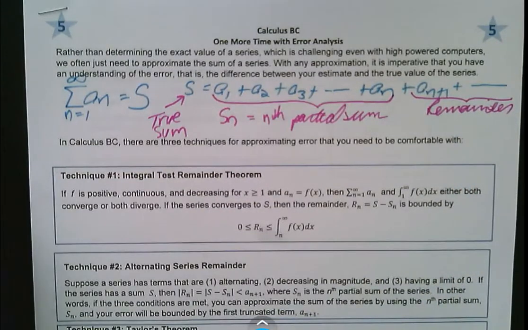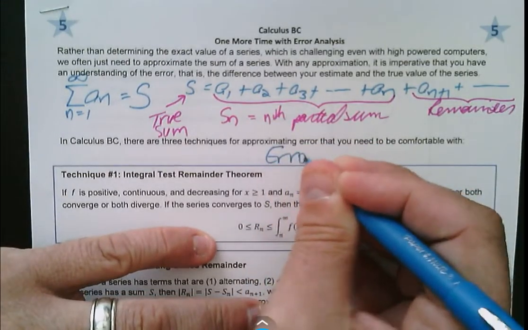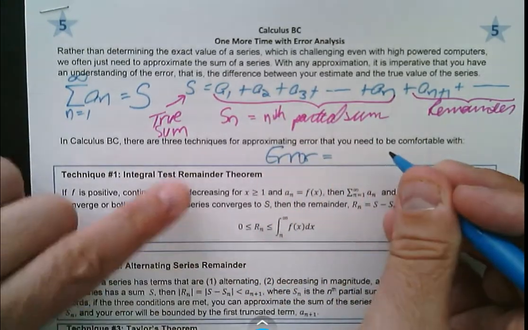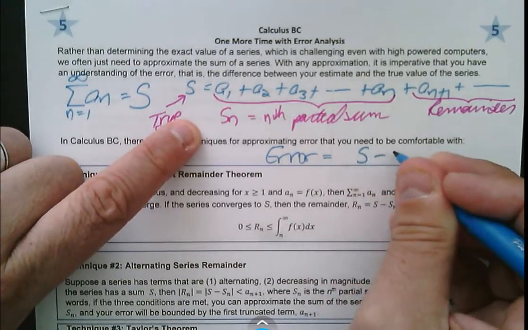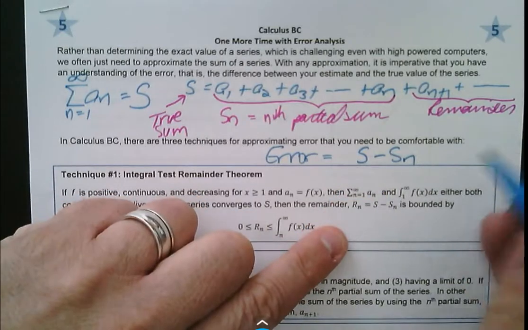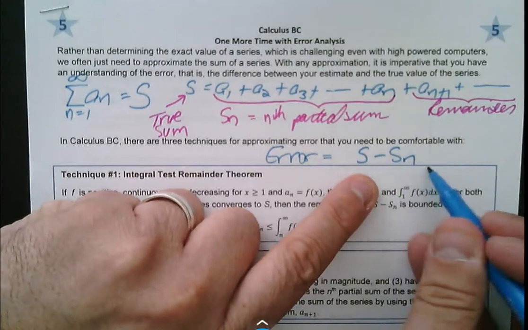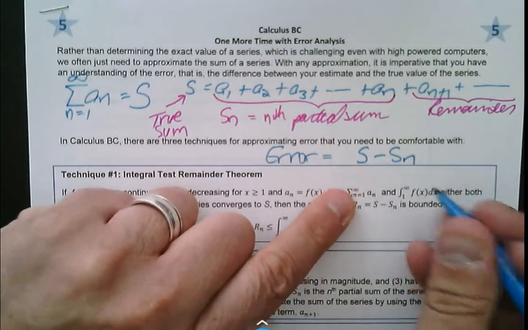Okay? So when I think about the error, it is the difference between your true sum, big S, and your partial sum, S sub n. That difference could be positive or could be negative.